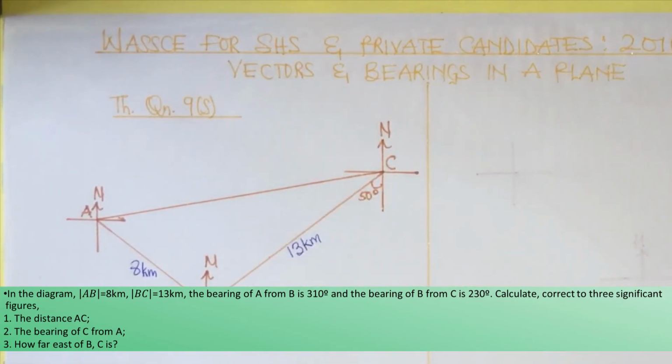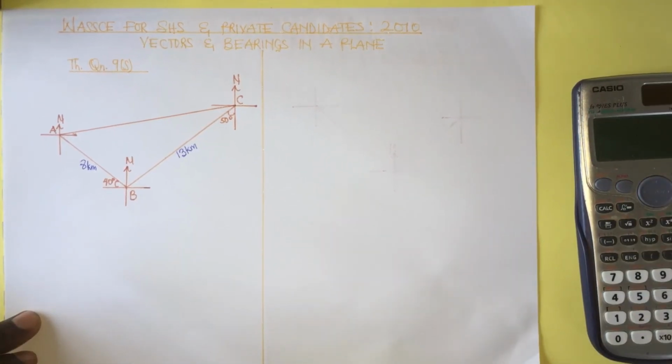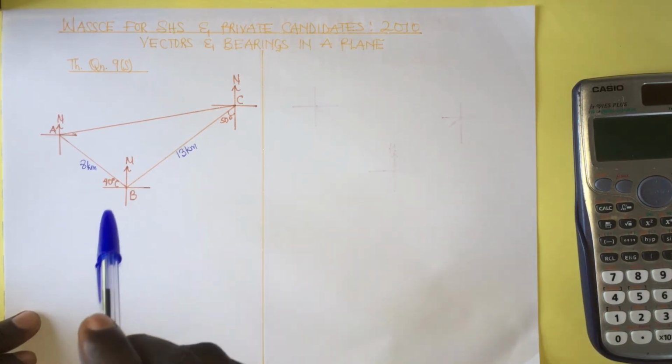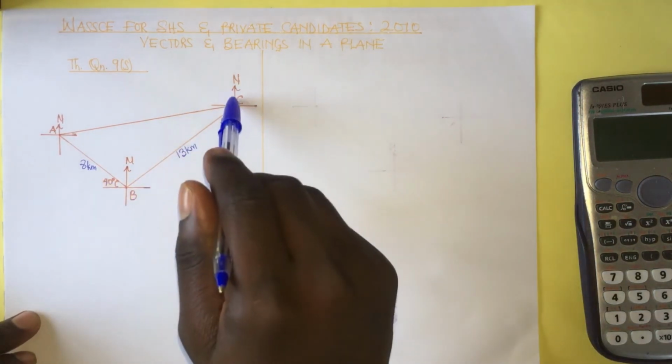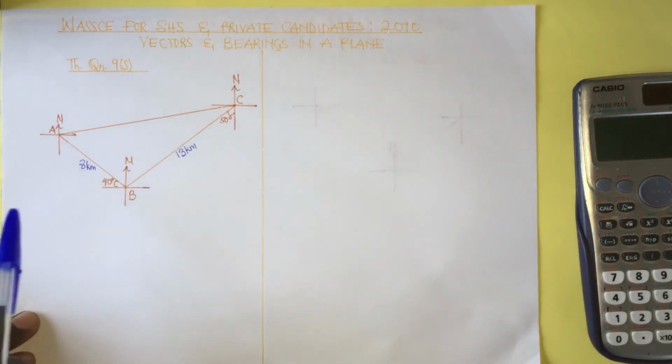The bearing of A from B is 310 degrees. And the bearing of B from C is 230 degrees.